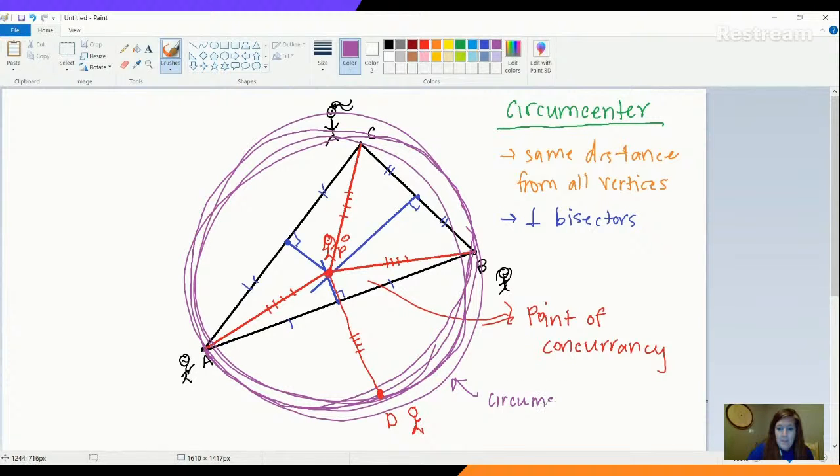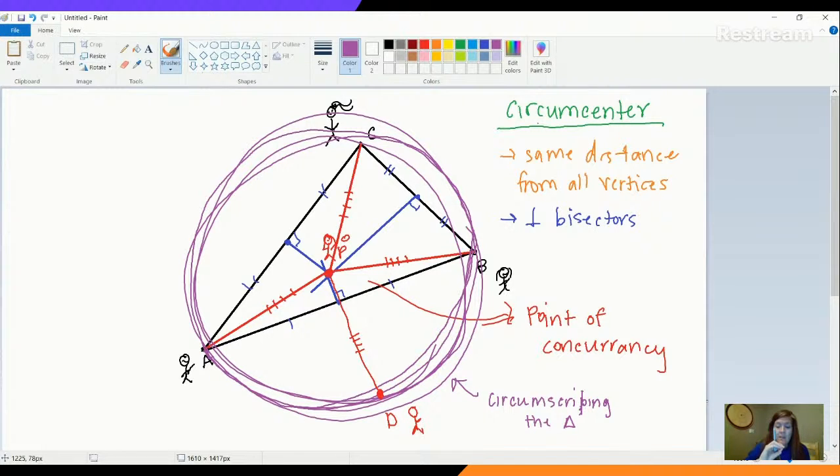What this is called, by drawing this purple circle, is circumscribing the triangle. When we circumscribe the triangle, that means we draw a circle around it and hit all the vertices. That helps you remember why we call it the circumcenter, because we circumscribe the triangle, which helps us find the center of the triangle.